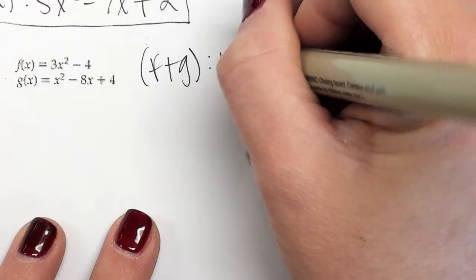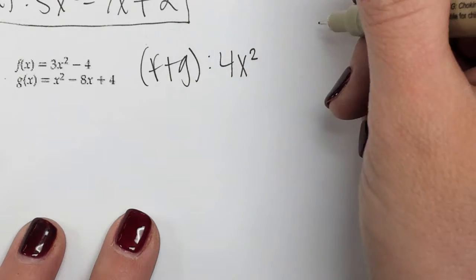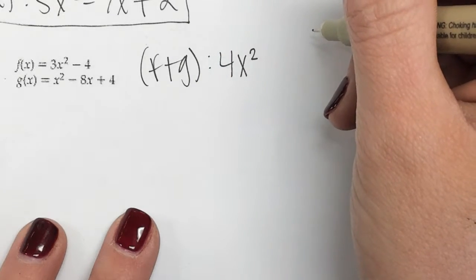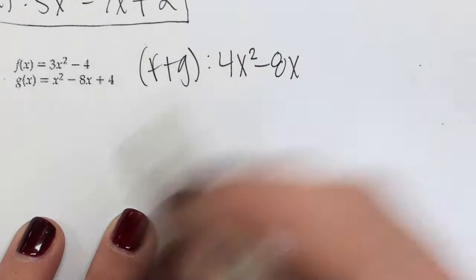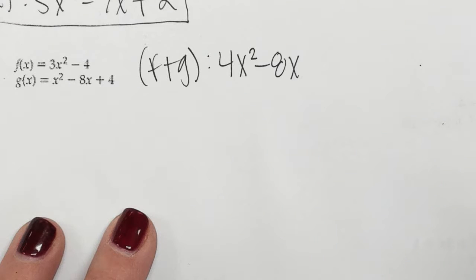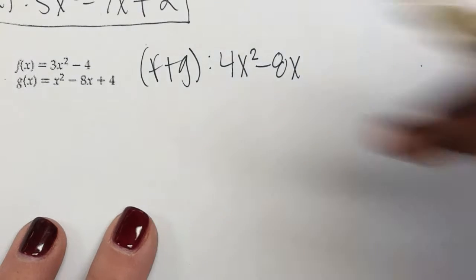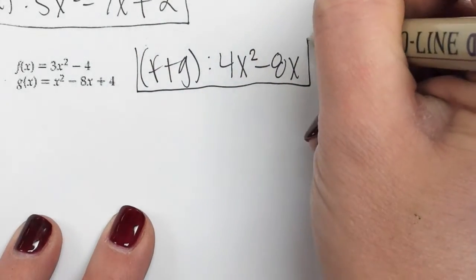Good. Alright, Catherine, what would the next one be? Perfect. There's nothing to combine it with, so you just bring it over. And then, Nikki, what would my last term be? 0. Good. But do I have to write it? No. I'll just leave it like that. So that's f plus g.